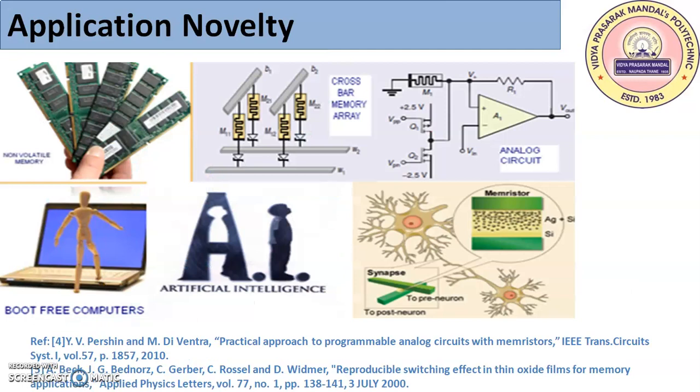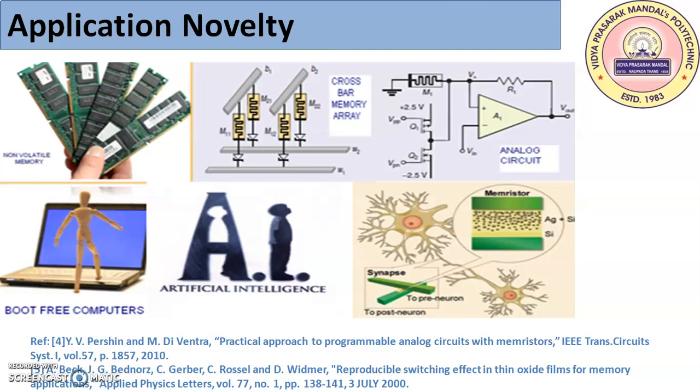Memristor has tremendous application variety and novelty. Let us list a few application areas. It can be used as next generation non-volatile memory in a crossbar array network, and as a fundamental circuit element in analog circuits. Memristor has an exceptional ability of logical computing and memory on the same platform.